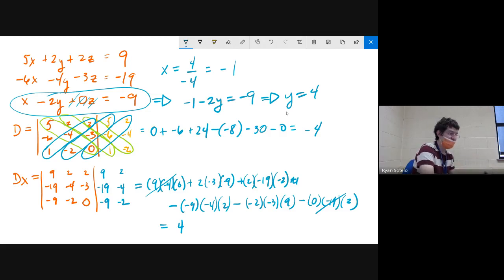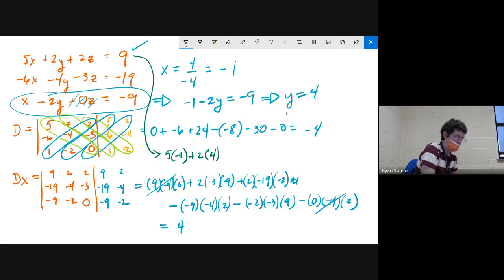And now that I have x and y, I can use one of the other equations, maybe this one, and I can figure out what z is. So I'm going to use green maybe. And I'll come down here, and I'm just going to plug in -1 for x. I'm going to plug in 4 for y. And I'm going to solve for z. So this is -5, and that's 8. So together they make 3.